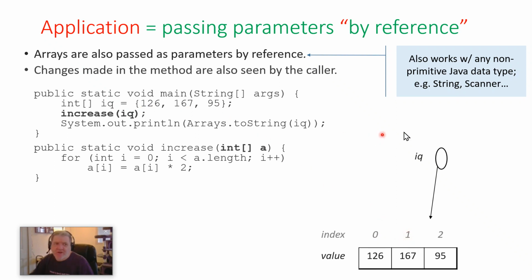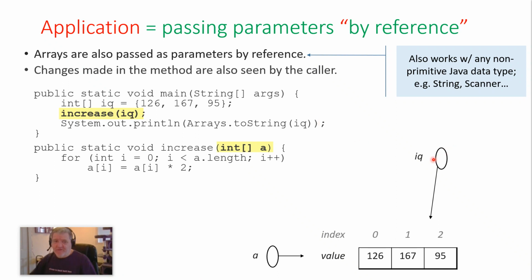And then when I get to the point where I'm executing the call to increase in the main, I'm going to pass a value, which is that reference inside of IQ, as an argument to my method, which is going to collect it under the name parameter A. So inside the method, now I have another reference variable, my parameter A, and it contains exactly the same reference that is here.